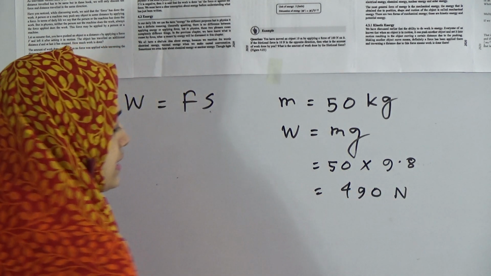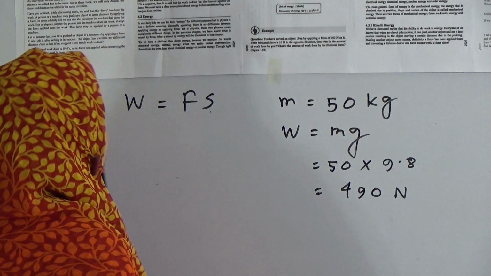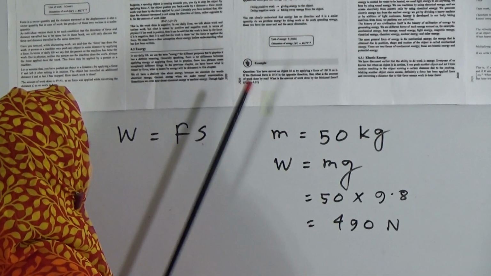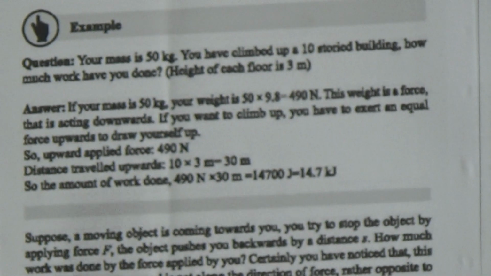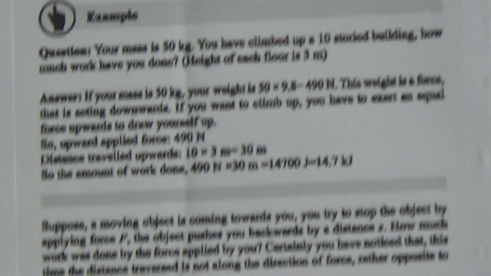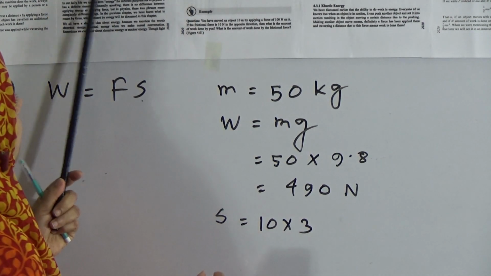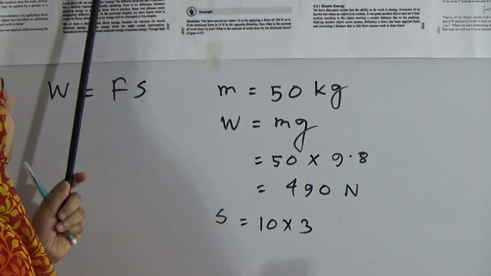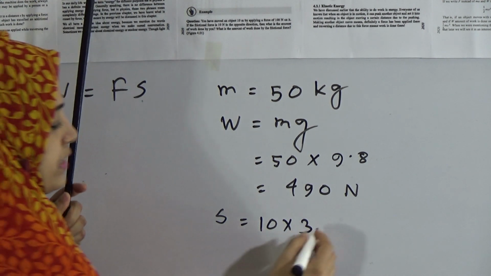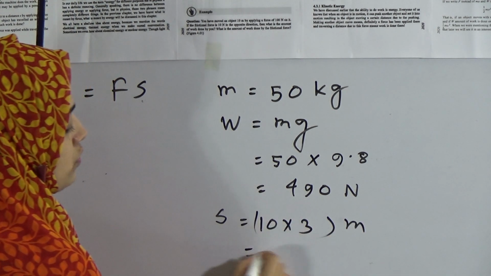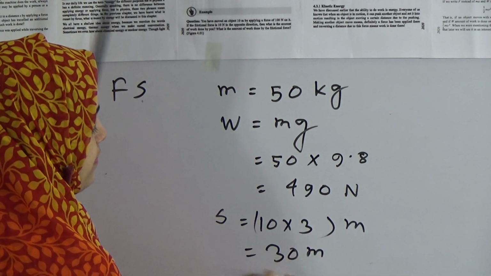So your weight is 490 Newton. And here given that you have climbed up a 10-story building and the height of each floor is 3 meter. That means your displacement is 10 into 3, so 30 meter.